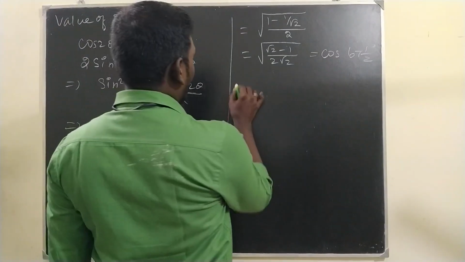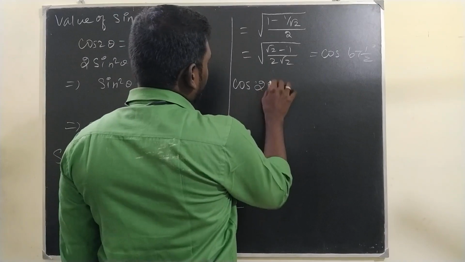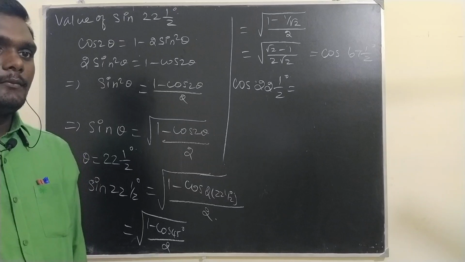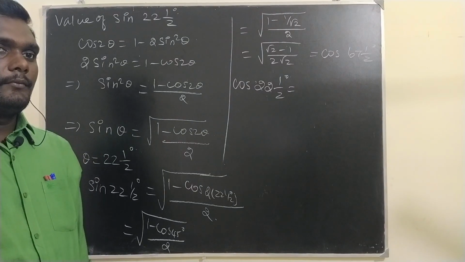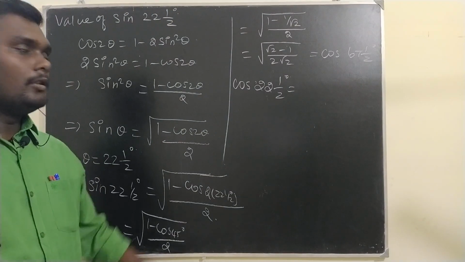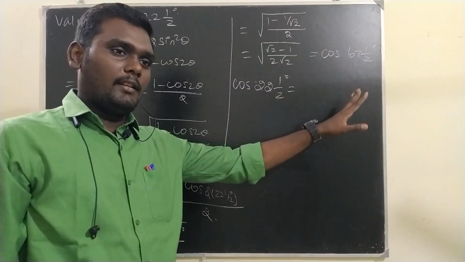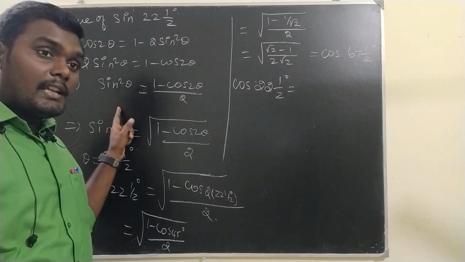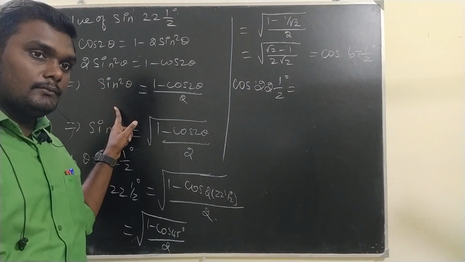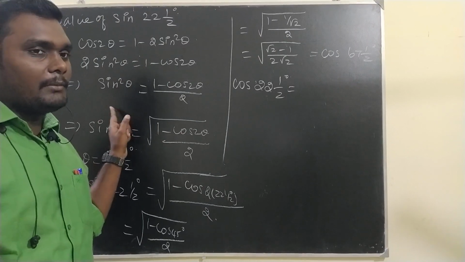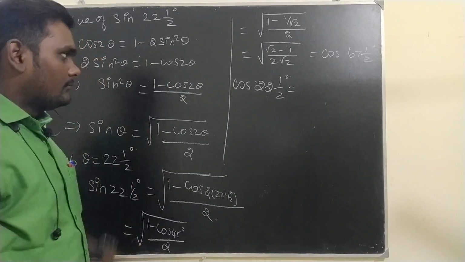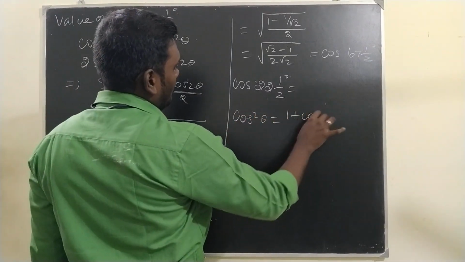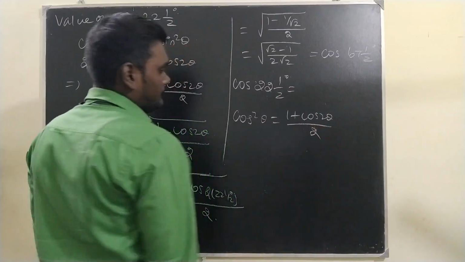What about cos 22 and a half? What do you think? Don't think of 1 minus sin square and all. We have another formula: cos square theta equals 1 plus cos 2 theta by 2.